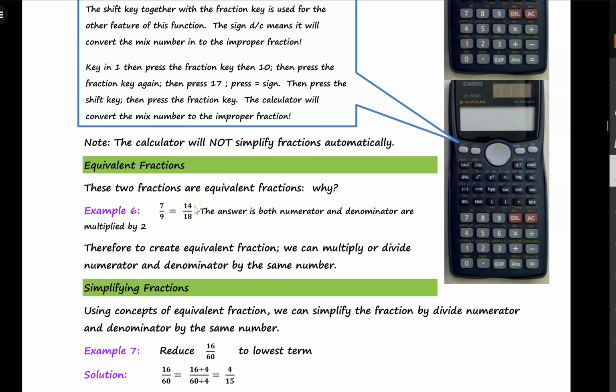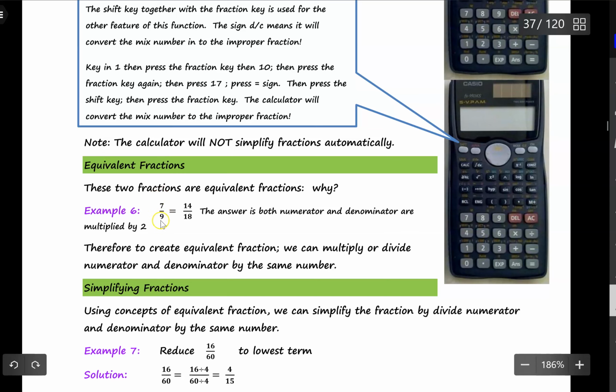If you take 7 divided by 9, you get 0.777 repeating. If you use your calculator and take 14 divided by 18 as well, you see that it's equal to 0.777 repeating, and they both represent the same value.